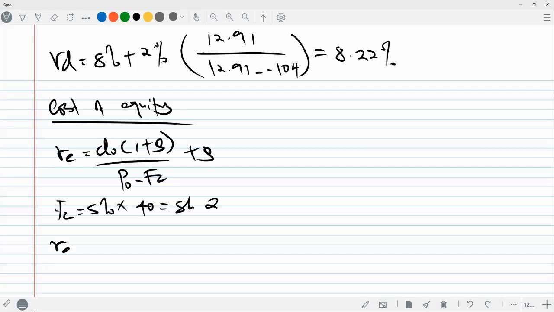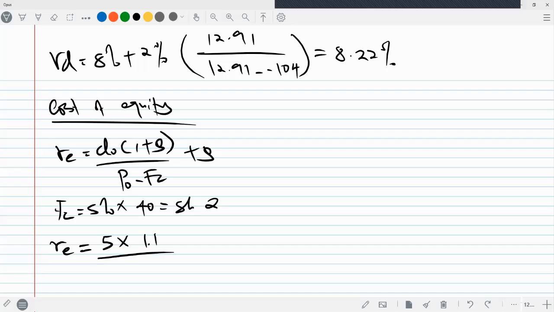Therefore, the cost of equity for this company is the dividend, which is 5, times the growth factor of 10%, divided by the market value, 40 minus 2, plus the growth of the dividend, which is 10%. To give us how much?